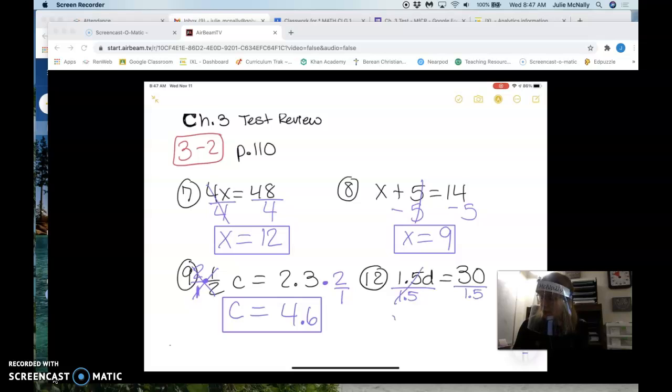And that's going to cancel, and D equals what? $20. Good.